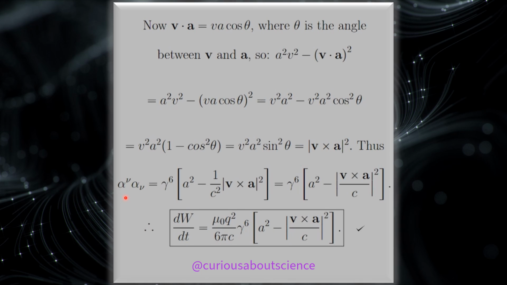Thus the 4-vector product of alpha nu with itself is equal to gamma to the sixth, a squared minus 1 over c squared times this cross product squared. That's pretty darn cool. And of course, the c squared we can move in, it's positive, it's squared, so no biggie. So what we actually showed is that the Larmor formula can indeed go to the Liénard formula, and that is just a fascinating result.